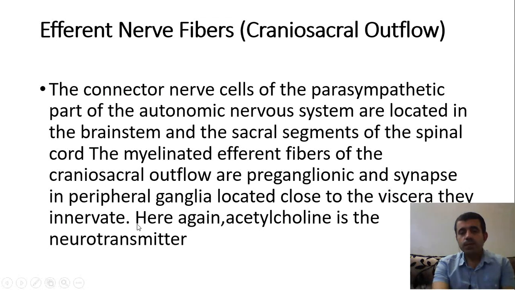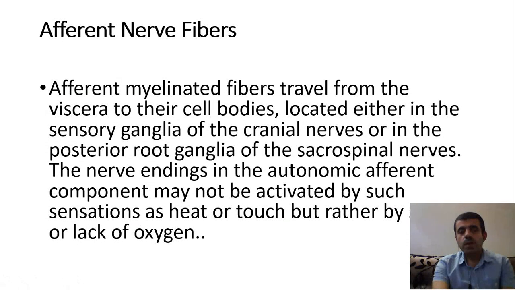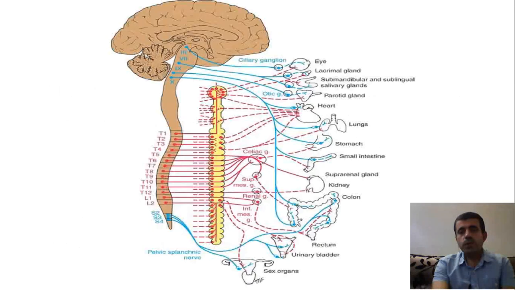Now, if we go back to this figure, the blue one is the parasympathetic nervous system, and the red one is the sympathetic nervous system.